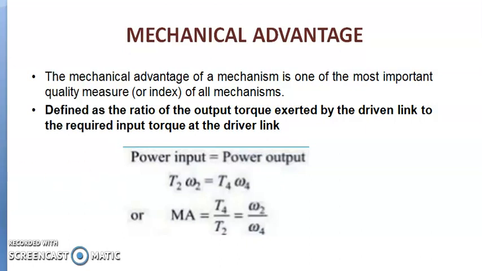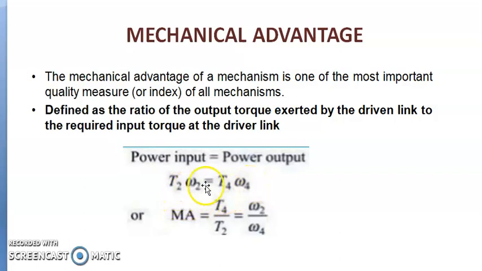You know that by conservation of power, the output power is equal to the input power. But the input will rotate at a different angular velocity and the output may rotate at a different angular velocity. So if T2 is the torque at the input and T4 is the torque at the output, then you can write T2 omega 2 is equal to T4 omega 4.